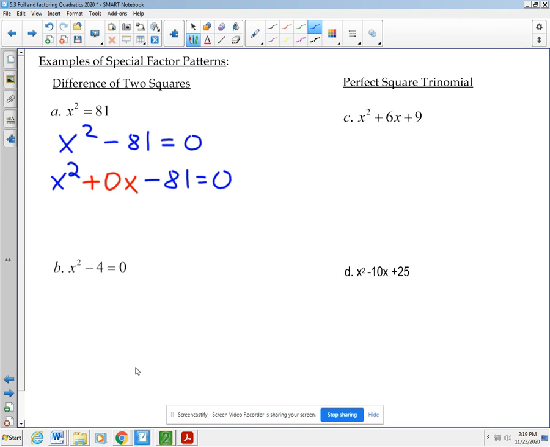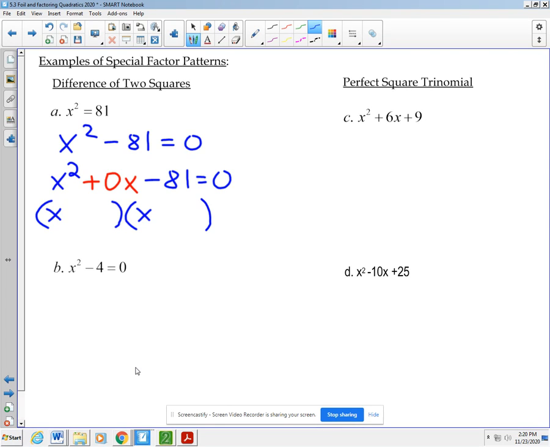Now, how do you factor this? Think about what two numbers you can multiply so the product is -81, but when you find the sum, the answer is 0. So x, x, and think about all the factors of 81.